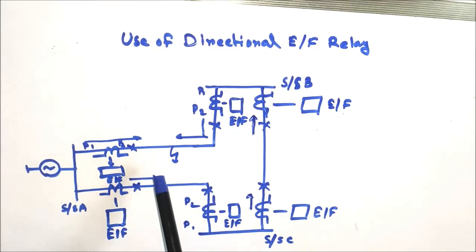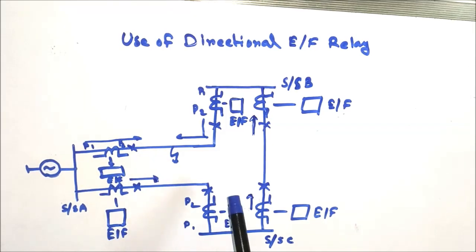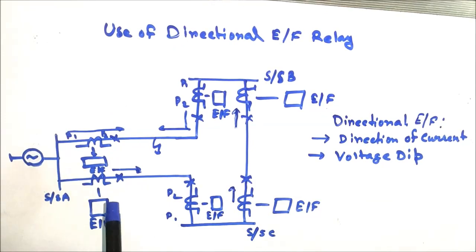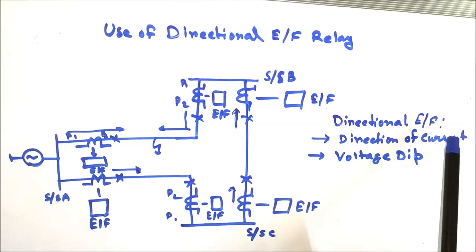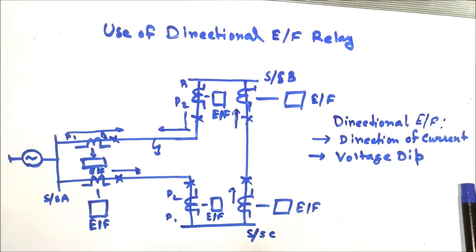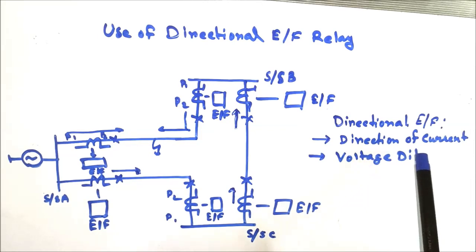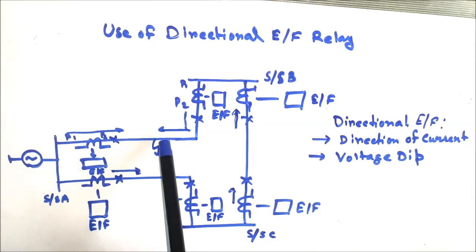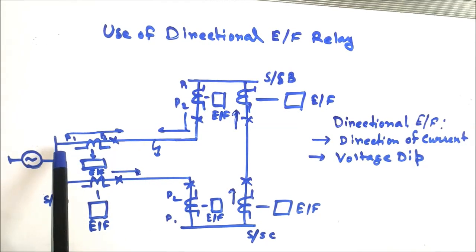Here, to avoid this, the directional earth fault relay is used. Now how does the directional earth fault relay sense the direction of the fault? The direction of the current shall be in the forward direction. Here forward direction means towards the line direction, which means the current is flowing from P1 to P2 direction.